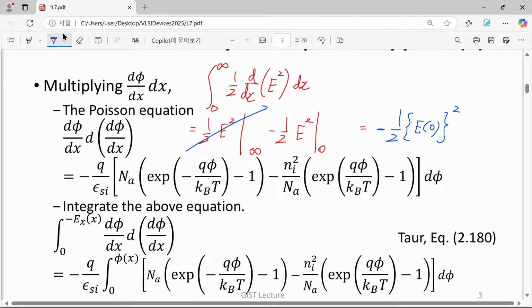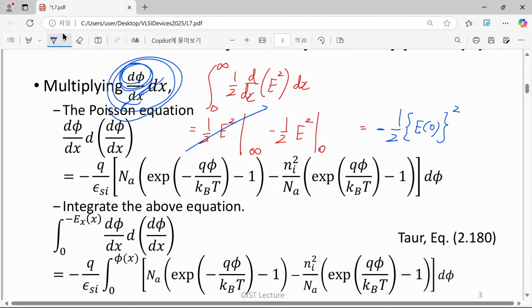So up to now, I have just done the left-hand side of our Poisson equation, but now let's go to the right-hand side. Previously, we wanted to integrate it this way, but unfortunately, this one has the function of phi, so we were not able to analytically integrate this right-hand side term. But fortunately, by multiplying this weighting factor, now we just multiply the d phi term.